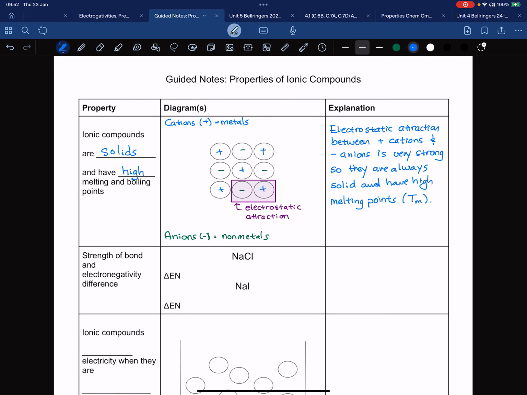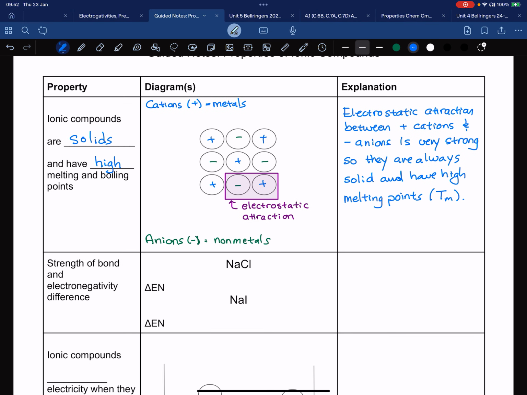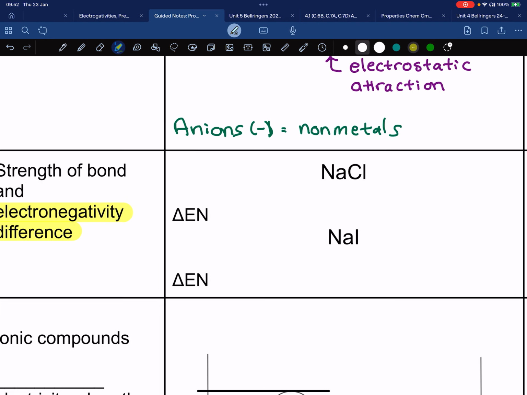Okay? Now, how can you judge the strength of the bond? Well, there's several ways, but the one that they cover in the book is that the strength of the bond is related to the electronegativity difference. Okay? So I've got two compounds here, sodium chloride and sodium iodide.